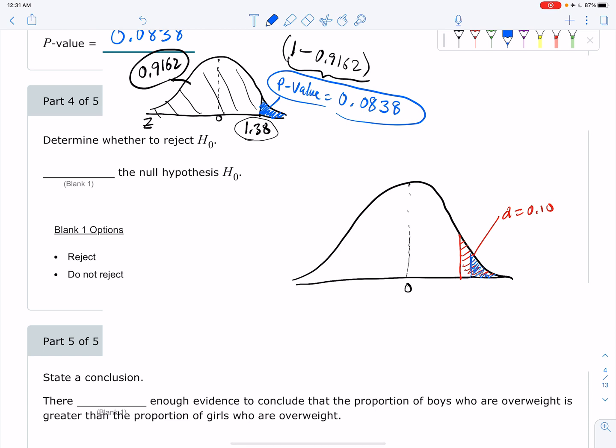So the p-value is 0.0838. And remember, this is our rejection zone. Anyways, rejection zone. If you're over there, you're going to reject.